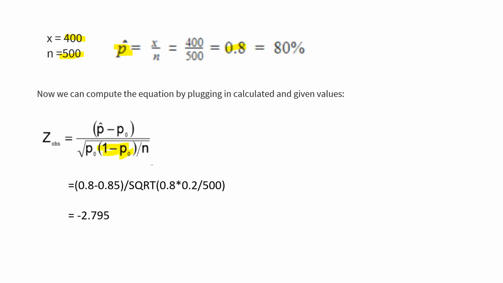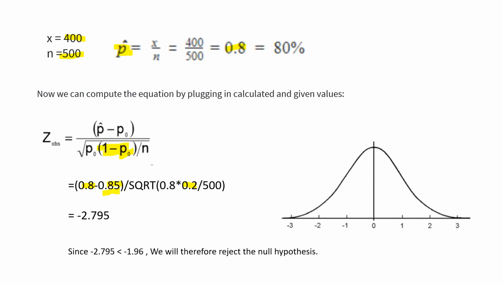Plugging in the values, we have P hat, which is 0.8, and P0, the national average, divided by the square root of 0.8 into 0.2, since 1 minus 0.8 is 0.2, by 500, equal to minus 2.795. Since minus 2.795 is beyond minus 1.96, we reject the null hypothesis.